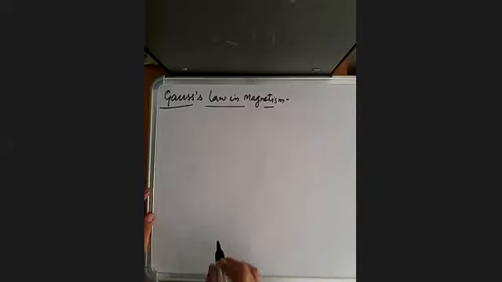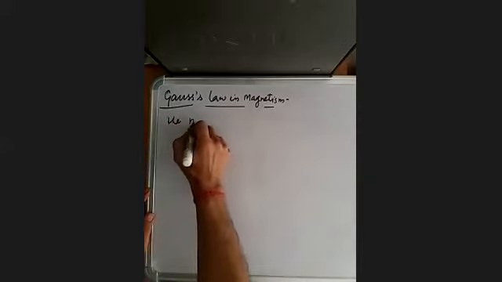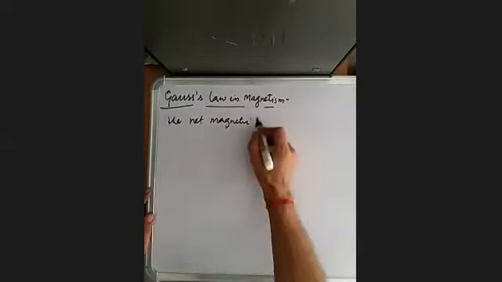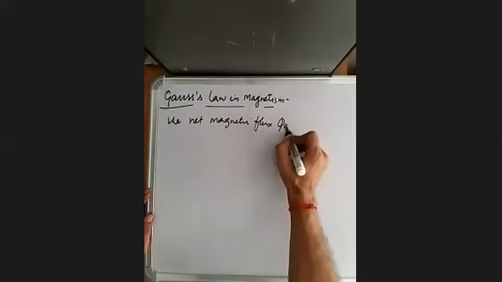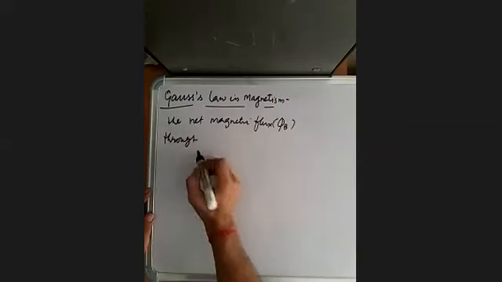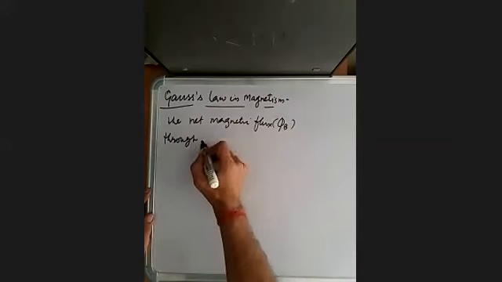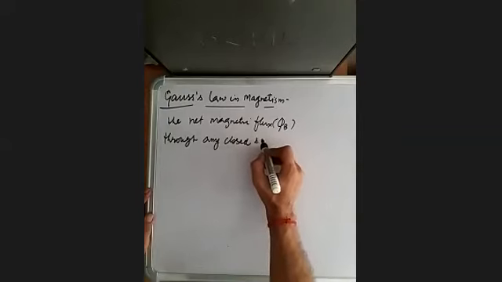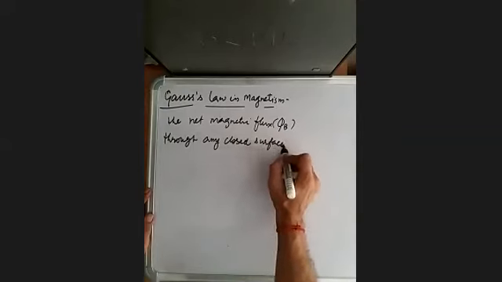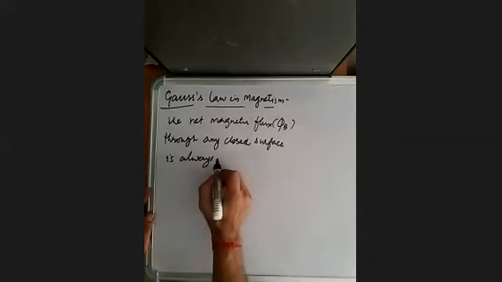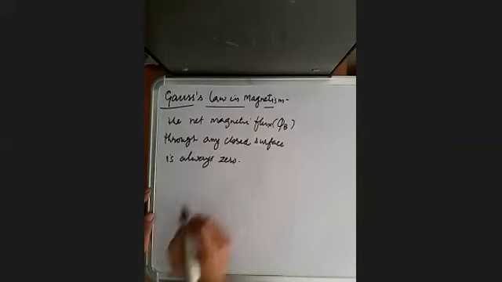Gauss's law in magnetism. Okay, according to this law, the net magnetic flux, that is represented by phi B, through any closed surface is always 0.